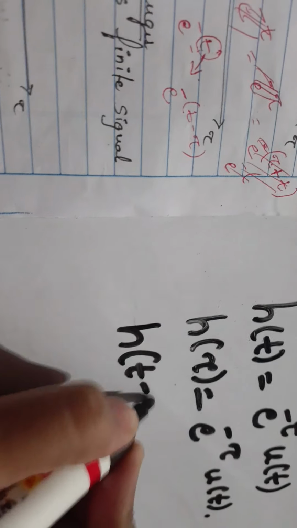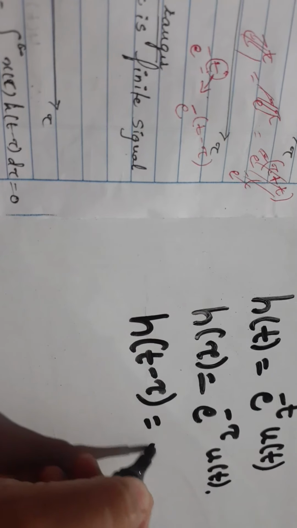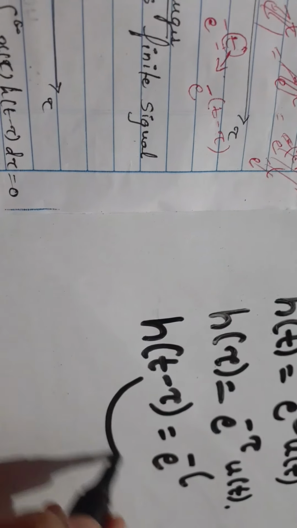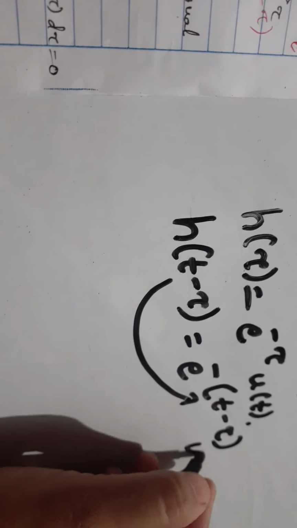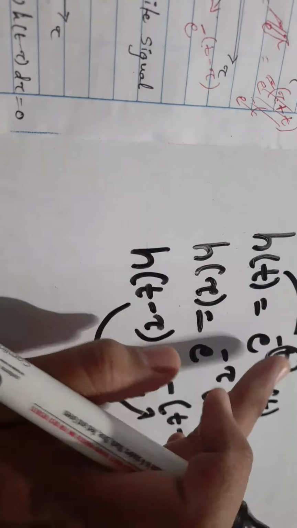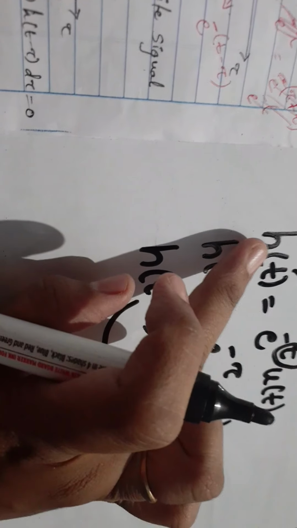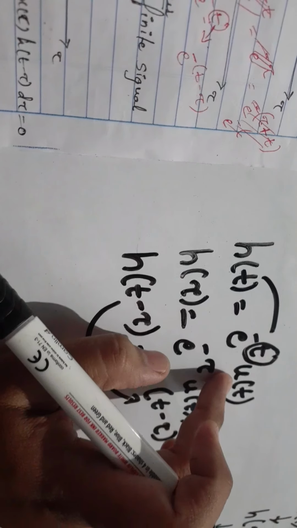What will be h of t minus tau? It will be e to the power of minus, whatever t is there, we need to change it, t minus tau, u of t minus tau. The earlier given signal was h of t equals e to the power of minus t u of t.